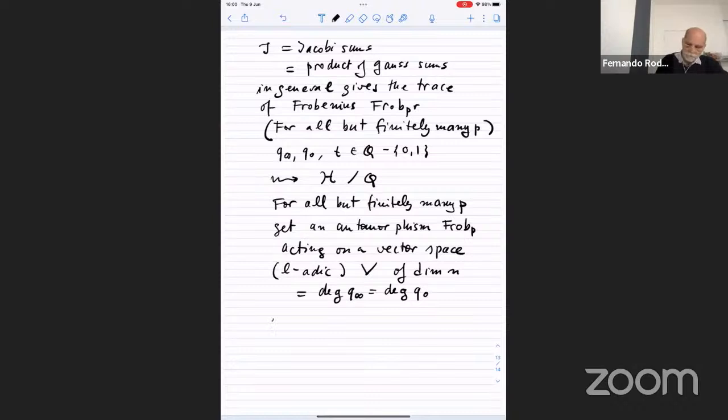And with which we can produce an Euler factor in this way. So this automorphism acts on the vector space and has a characteristic polynomial, or sort of inverse characteristic polynomial, if you like, written in this manner. This is a polynomial of degree n, the dimension of the space.